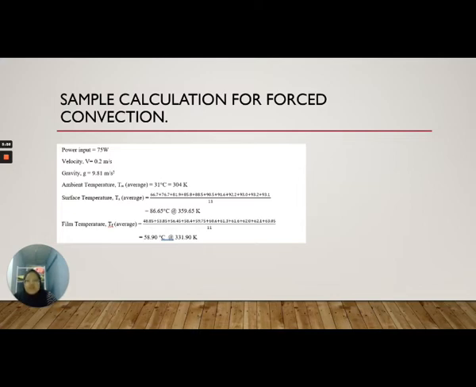Then we will calculate the average surface temperature and the average film temperature. The average surface temperature is 86.65 degrees Celsius and the average film temperature is 58.90 degrees Celsius.